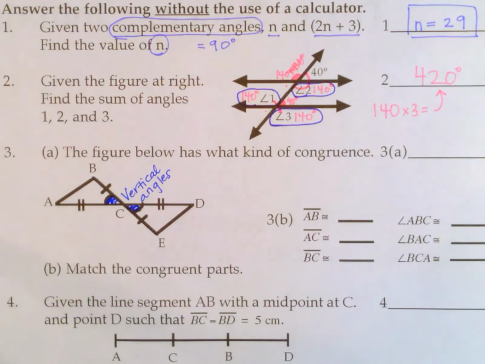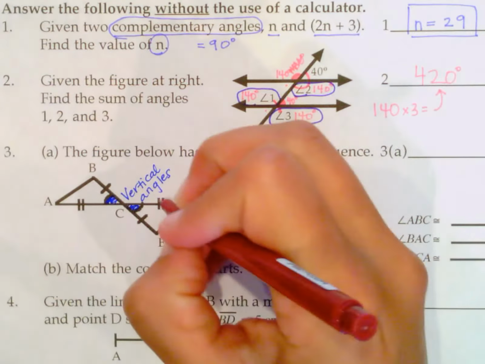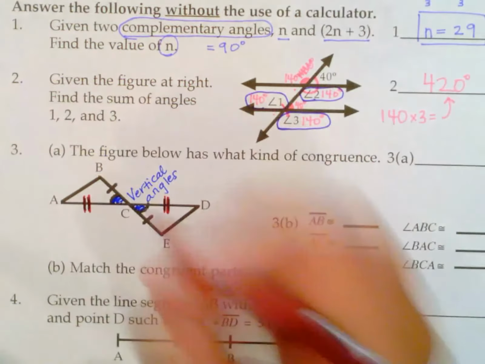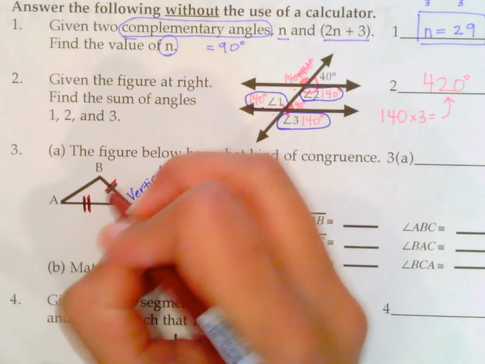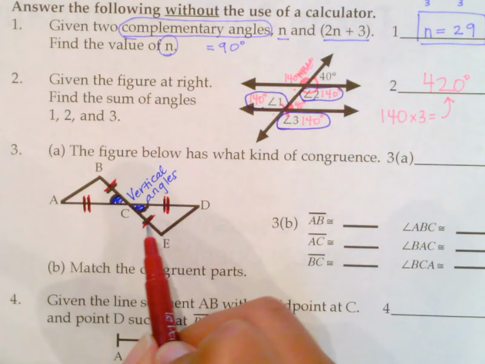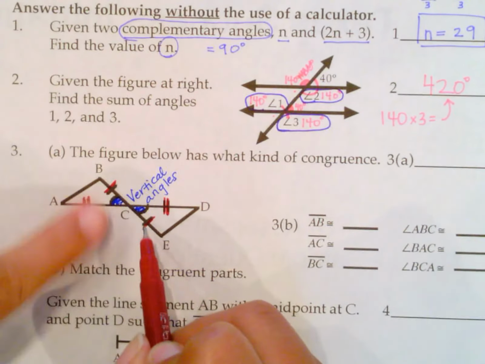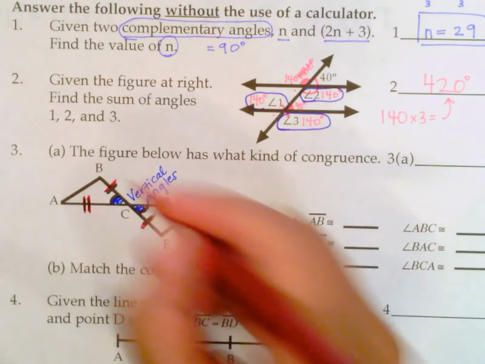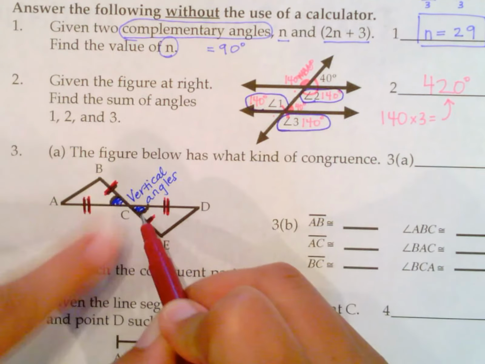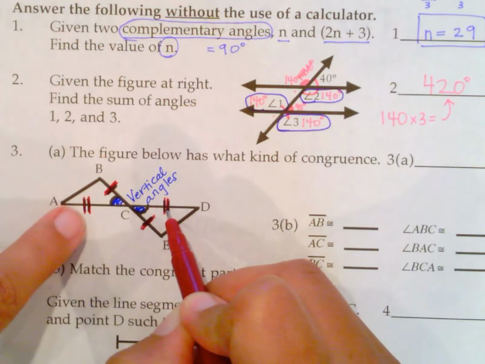And then they also have this side is congruent to this side, and this side is congruent to this side. So if we start at one point of congruency, we're going to start on the single line congruency here. They have a side, an angle, and a side in common.